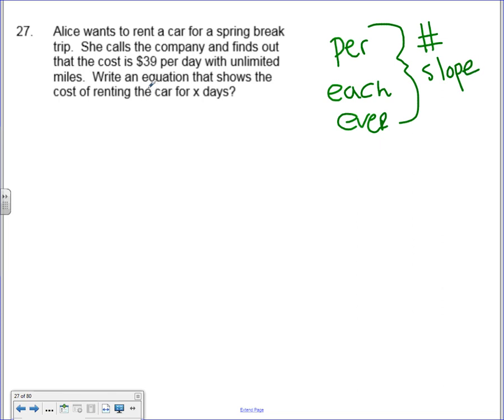So if I look in my situation, it says the cost is $39 per day. The number that goes with per is 39, so I know in my equation I'm going to have y equals 39x, which is going to be my m, or my slope, and y equals mx plus b.